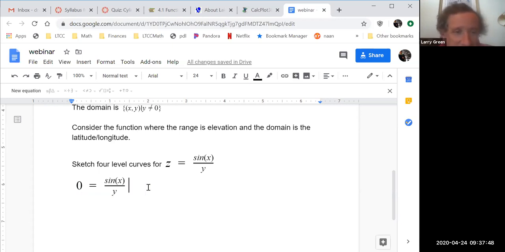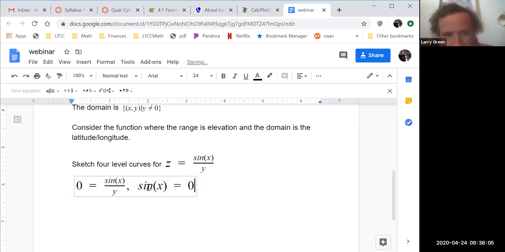So 0 equals sine of x over y. And the first thing you might want to try and do is multiply by y. And guess what? You get sine of x equals 0.